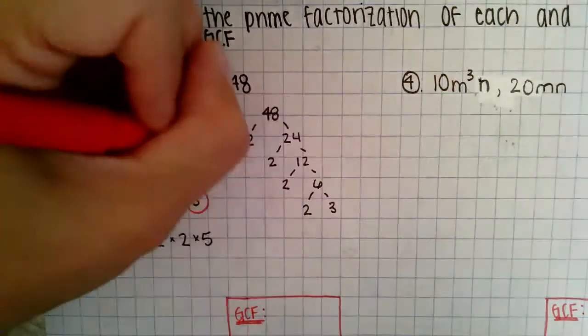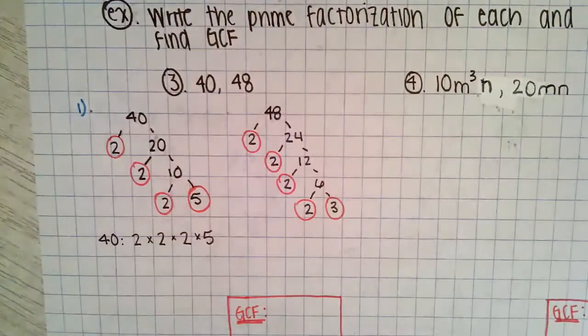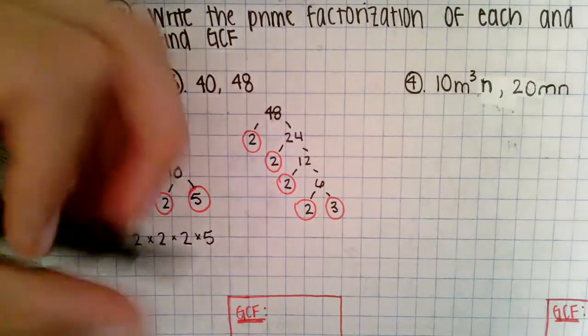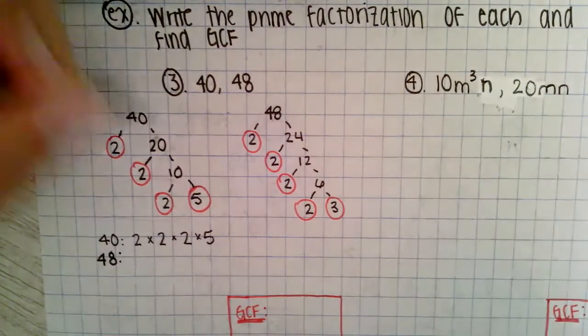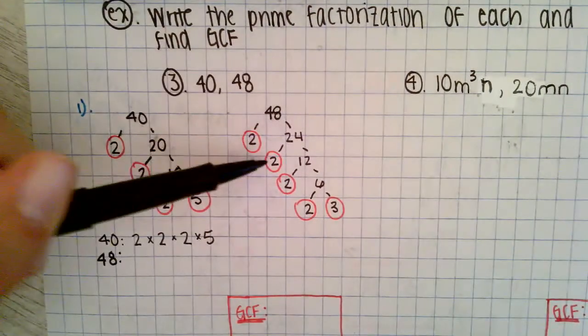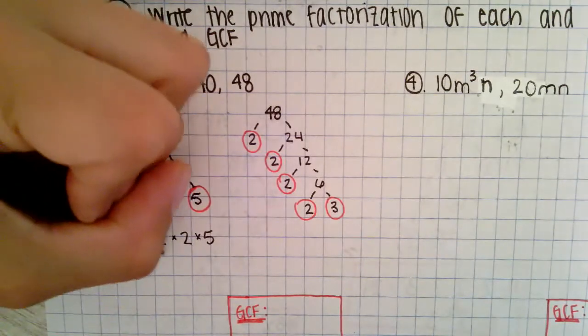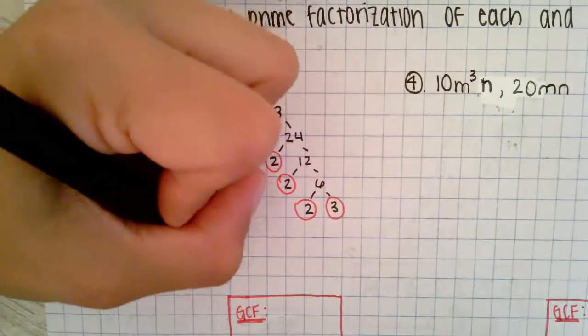Now I have all of the prime numbers that I could ever want. And I'm going to write 48 right over here, because I like when they're lined up on top of each other. 4 2s, 2 times 2 times 2 times 2, and 1 3, times 3.